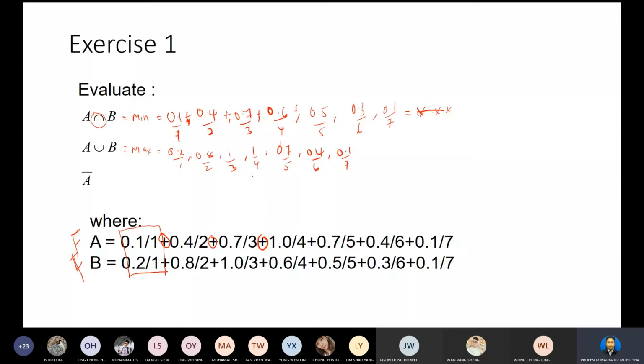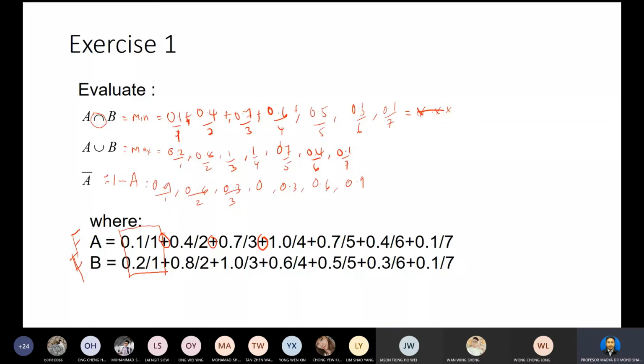Next is the complement of A. The complement of A is equal to 1 minus fuzzy set A. This one is also straightforward. For sequence number 1, 1 minus 0.1 is 0.9, then 0.6, 0.3, 0, 0.3, 0.6, 0.9, for sequence numbers 2 to 7.